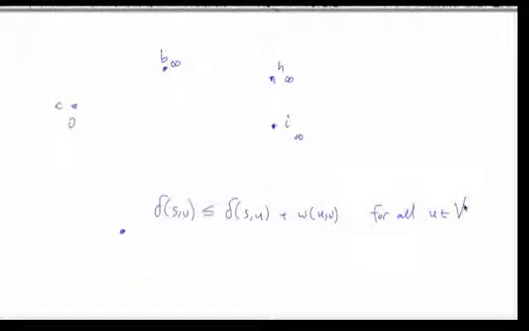Good question. The triangle inequality basically says that, when edge weights are positive, the shortest path can't be longer than the path that goes to some node, and then from that node comes to U. So it says that delta SV has to be upper bounded, for every node in the graph, by the shortest path to U plus the weight from U to V. So some of these can be infinities.